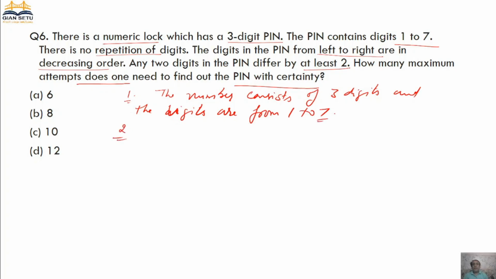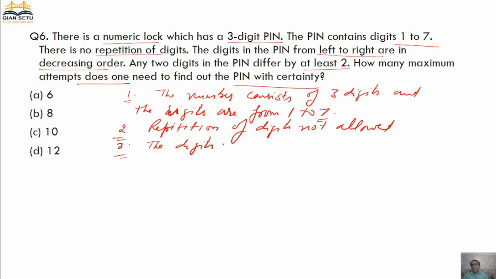Second, repetition of digits not allowed, right? Third is the digits from left to right are in decreasing order.